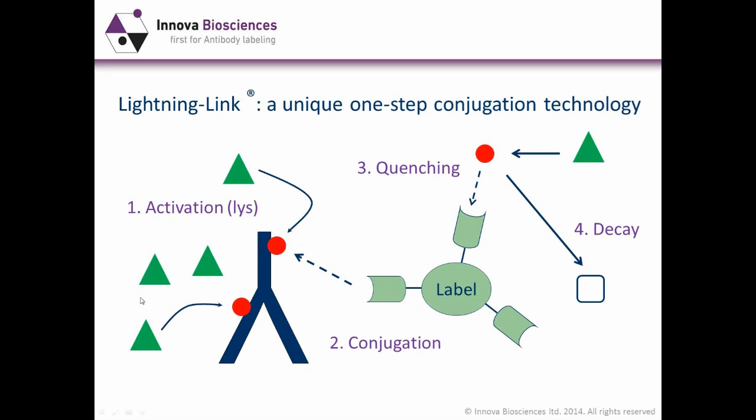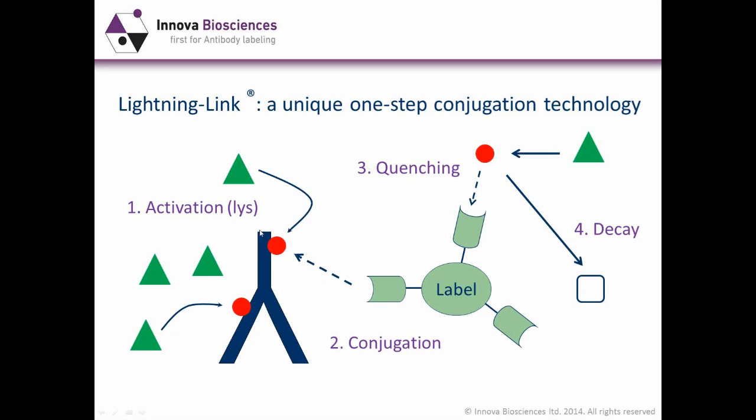And we have a special chemical shown as a triangle here, which can't react with the label, but it reacts with the antibody to put on a reactive A group, using the terminology from earlier in the presentation. As soon as the triangles have turned into functional groups on the antibody, the label can come in and react.